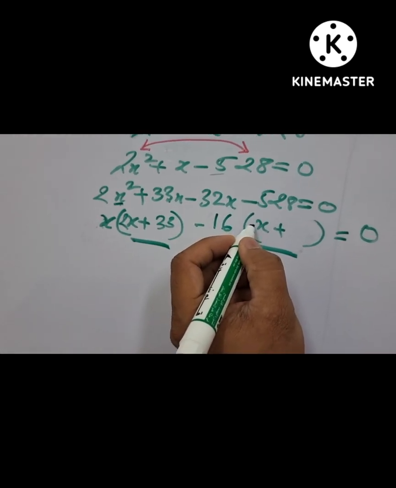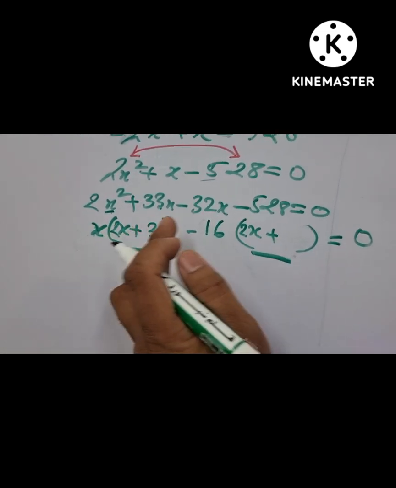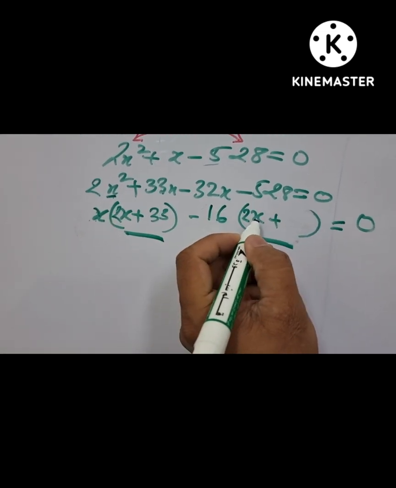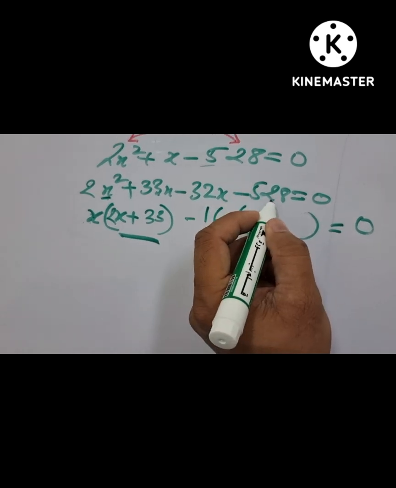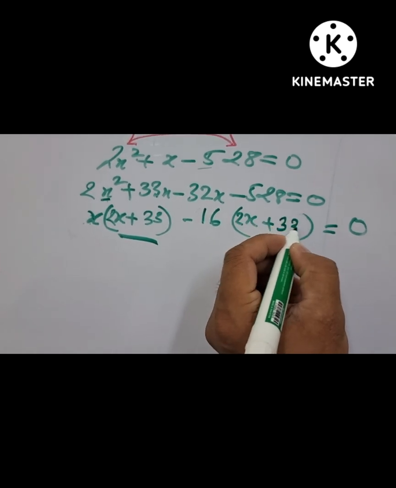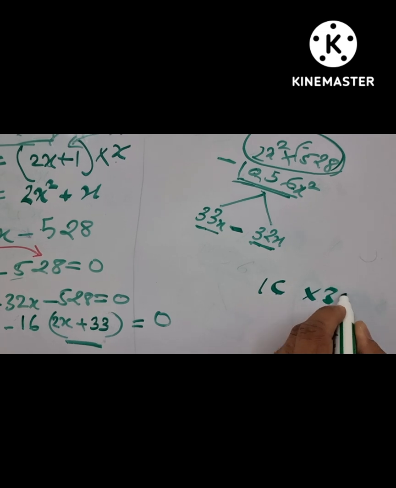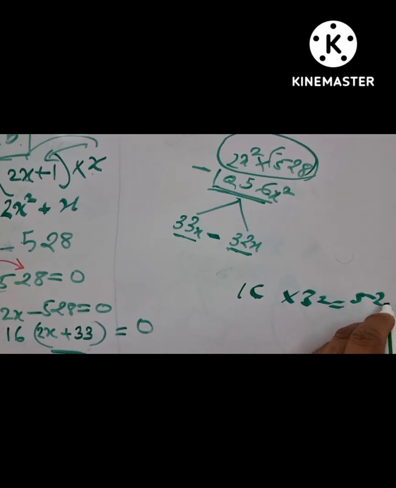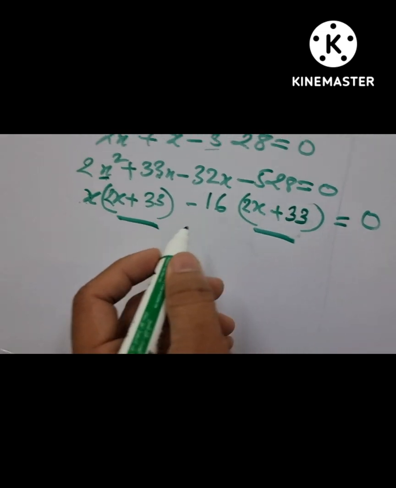Because we need 2x over here, these two should be the same. So it will be 2x plus, then what should we write over here? If you factor out 16 it will be 33. So you can check here, 16 times 33 equals 528.